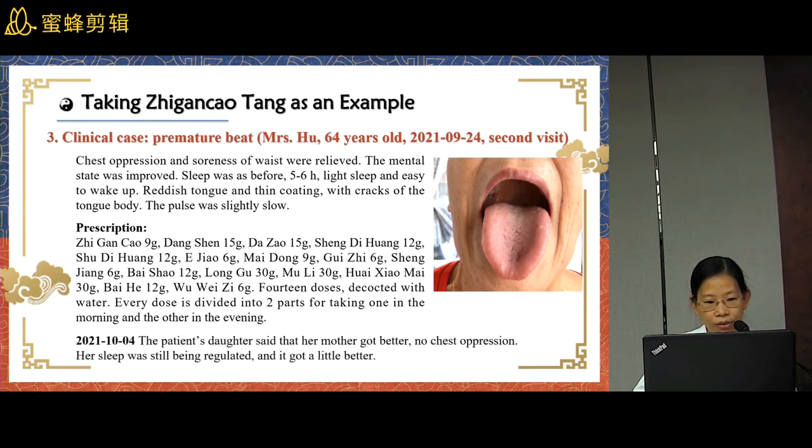Recently, during the follow-up, her daughter said that the condition was good after taking the medicine, no chest oppression and palpitation. Sleeping was still in regulation and better than before. The case shows good efficacy of Zhi Gan Cao Tang in clinical practice, and I'd like to share my reflection and inspiration.